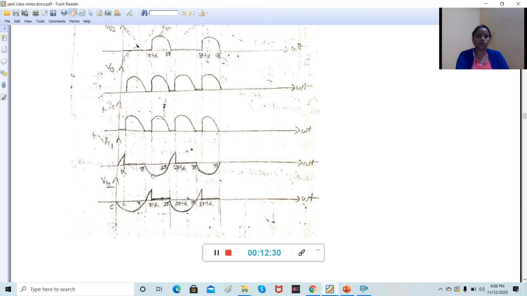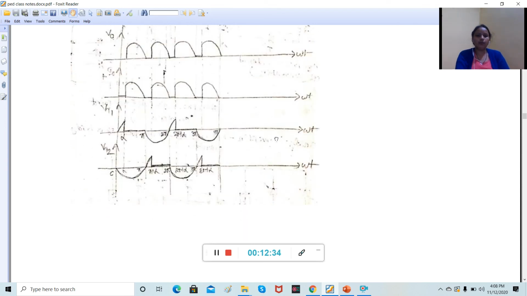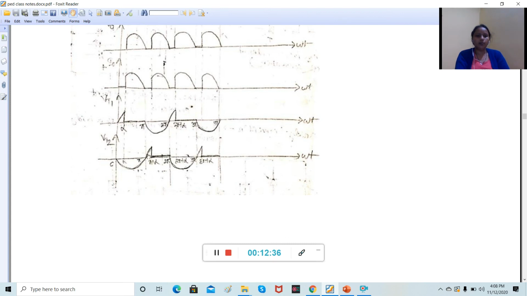This is the blocking voltage from 0 to alpha and from pi to 2 pi. Similarly, when T2 conducts, that is pi plus alpha to 2 pi, voltage across it is 0, and in the rest of the cycle there is the blocking voltage across T2, that is from 0 to pi and pi to pi plus alpha.